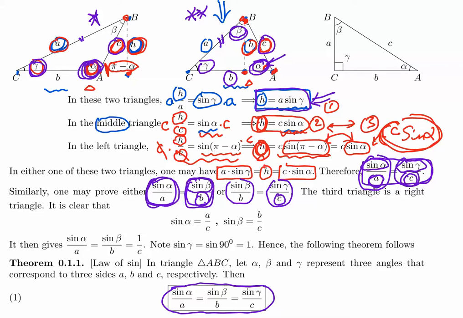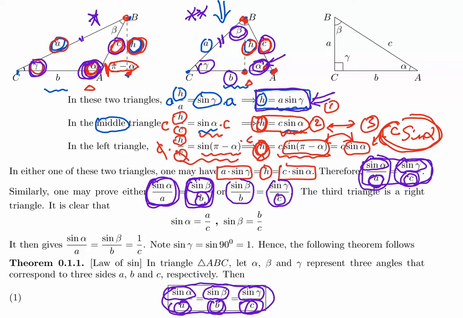It is always sine of one angle divided by the opposite side equals the sine of the other angle divided by its corresponding opposite side. So easy to remember. Upstairs they are all sine values. Downstairs is the corresponding sides. So that's the law of sine.